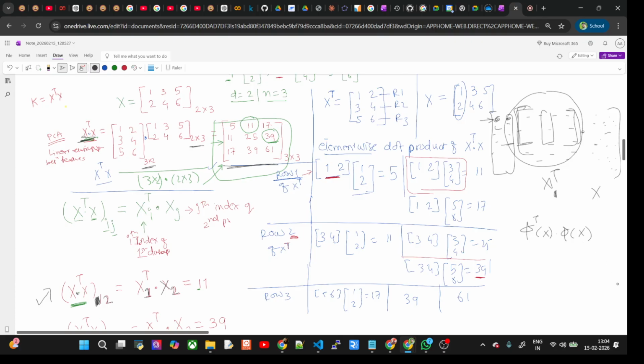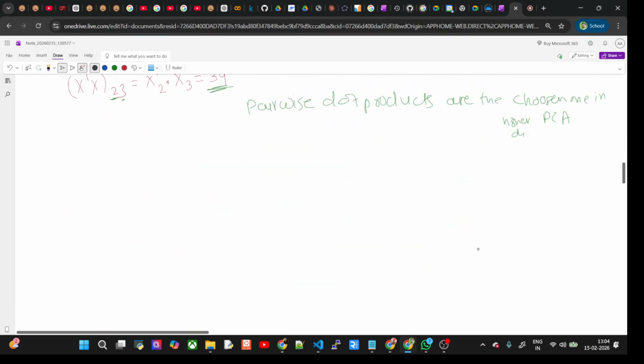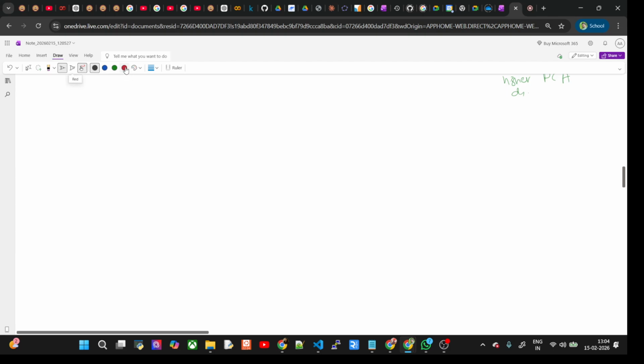So here we come to one important point. We have xi data, like I mentioned, X transpose into X of 1 comma 2 for the example I took. So you can consider X transpose X of i comma j, which is nothing but X transpose i into X of j, the ith row of X transpose and the jth column of X. The dot product of that gives one value, and if you do it for all points, you get the final matrix.